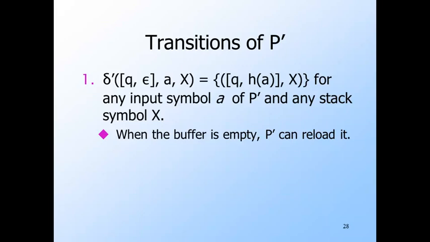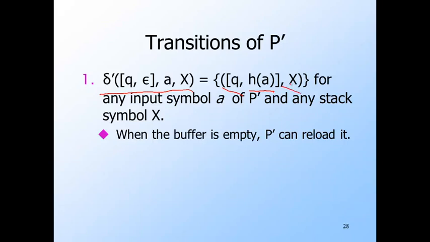It can also make moves without consuming its own input. Formally, delta prime of Q epsilon A and X has one choice. It can remove the A from its input. Again, remember A is not empty. Place H of A in the buffer and leave its stack and state unchanged.